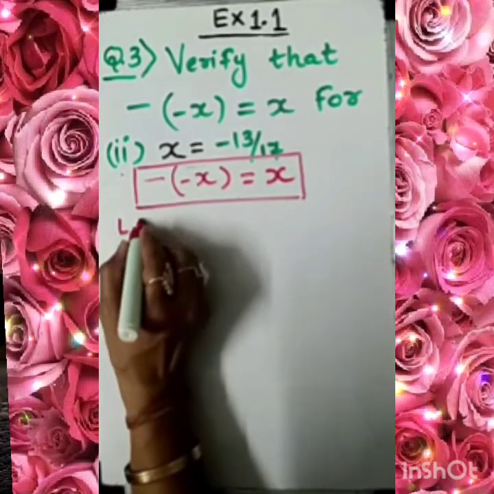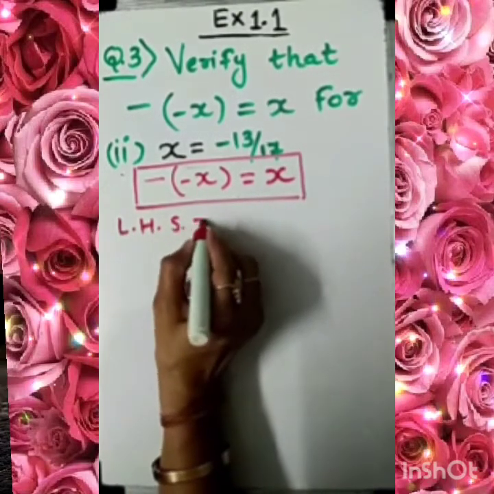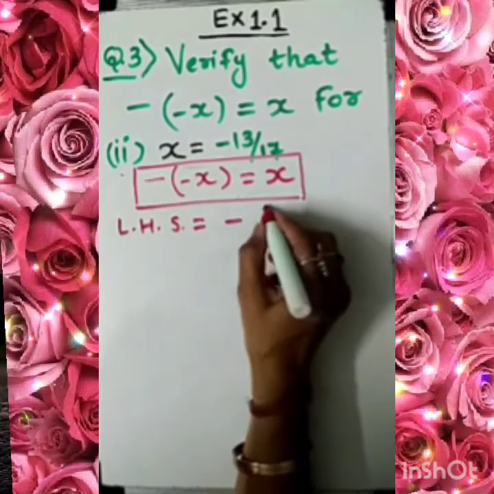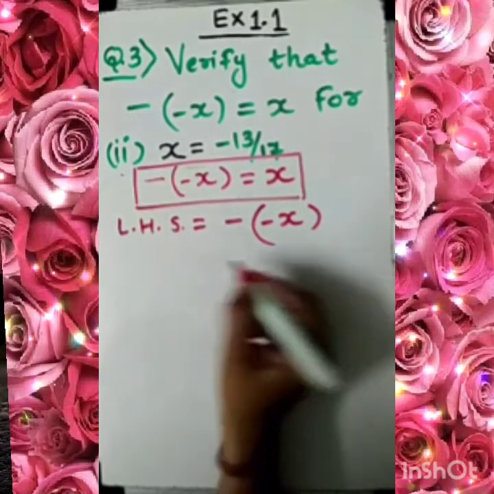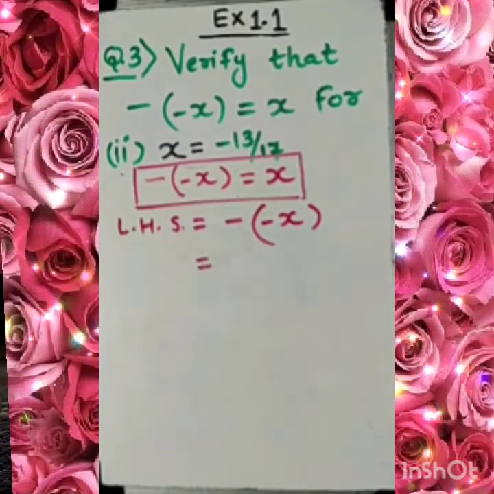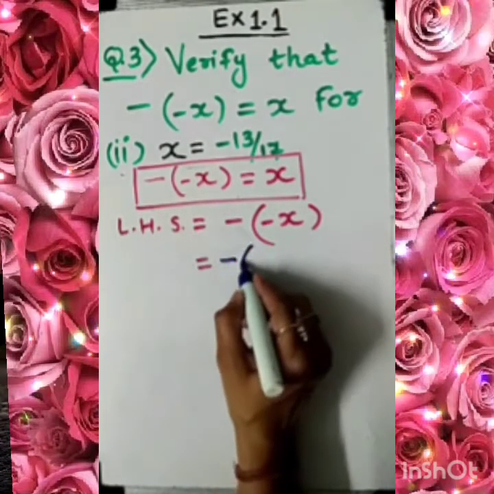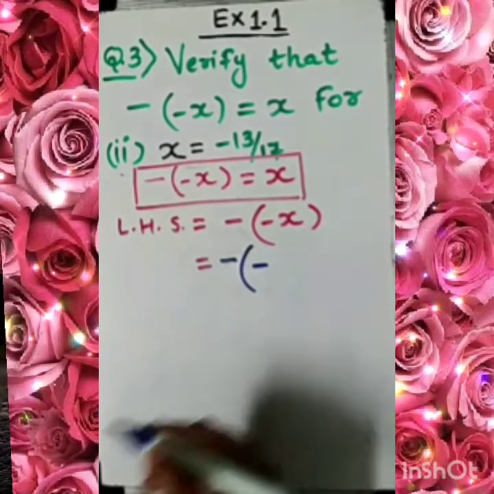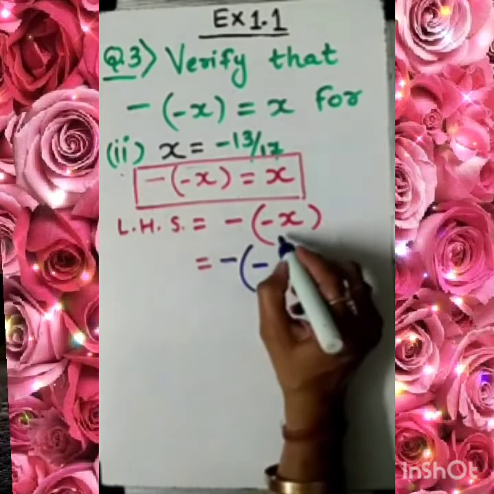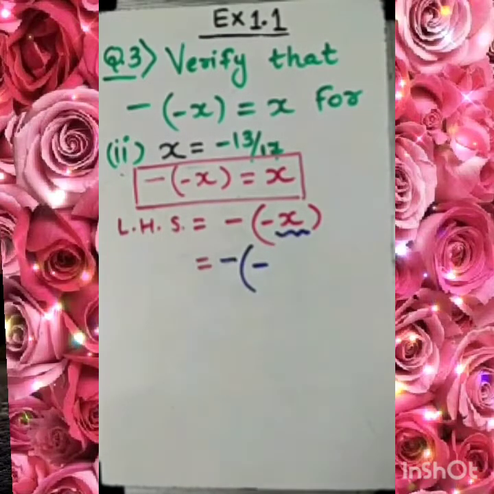So let's begin with LHS, left hand side. What we are given? Minus, minus sign. Now be careful before you put the sign. Dear student, minus is already there outside the bracket, and inside the bracket minus is already there. Now the value of x we are going to put.